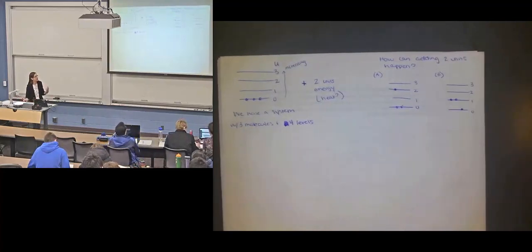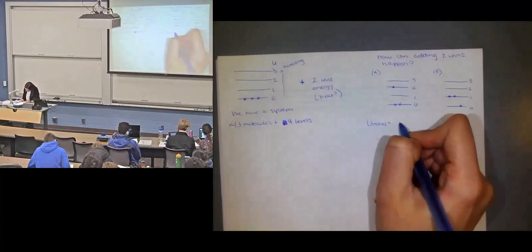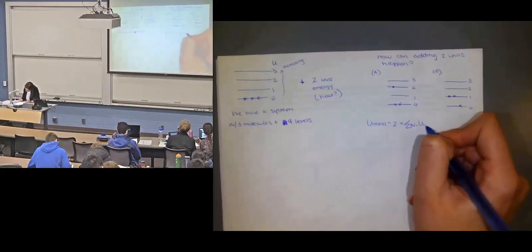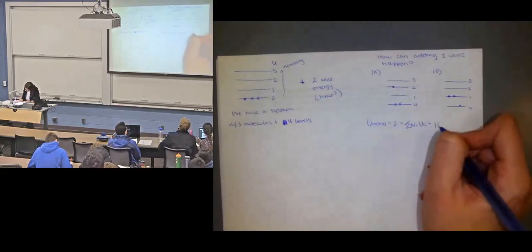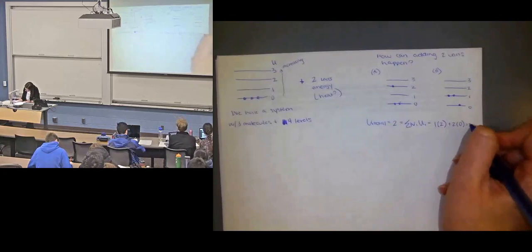Right? Okay, I've put in 2 units of energy. U total. Let's just check that everything looks good. So U total is going to be equal to 2, and it's going to be the sum of the number of molecules in a given level times the energy of that level. So for A, it's 1 molecule in the second energy level, plus 2 in the 0th, equals 2.